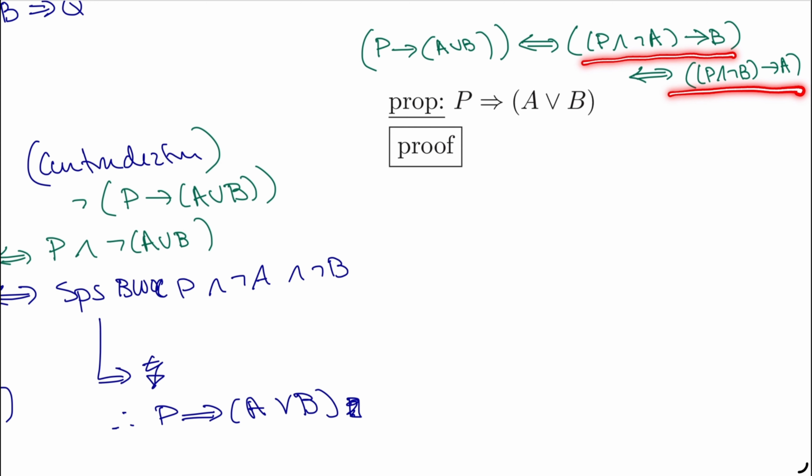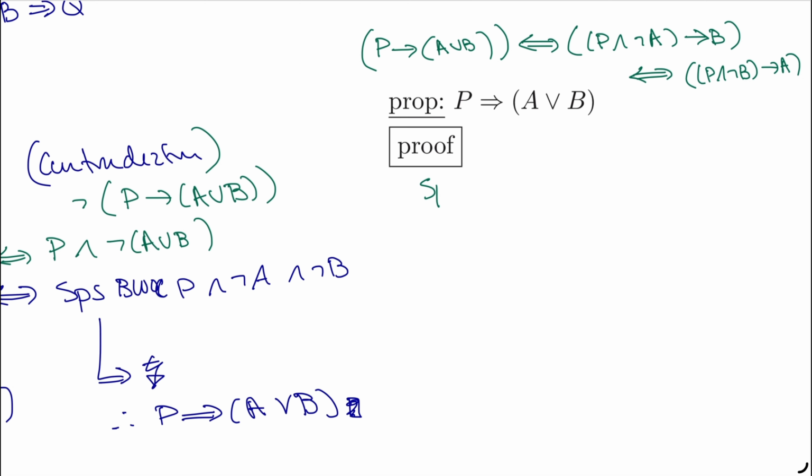So rather than having to conclude an or statement, I get to start with an and statement. So I have two pieces of information, and I have just one conclusion I am trying to reach. So here, let's just pick one of these.